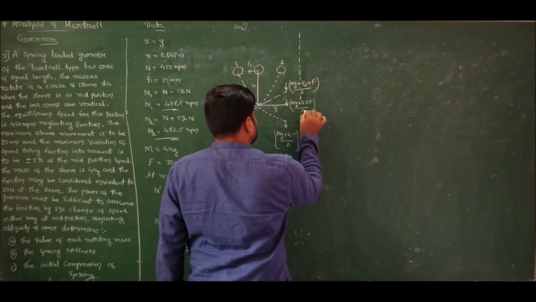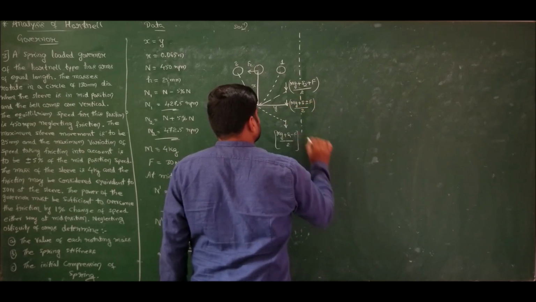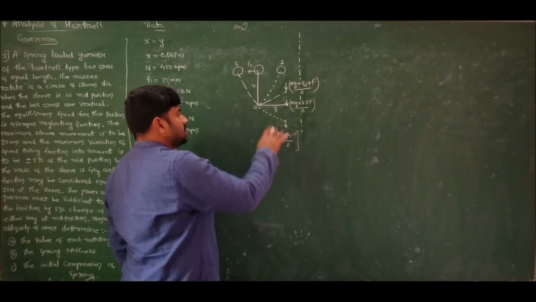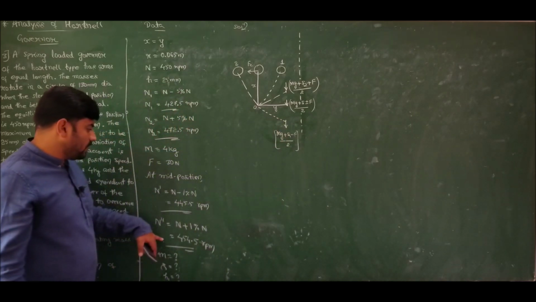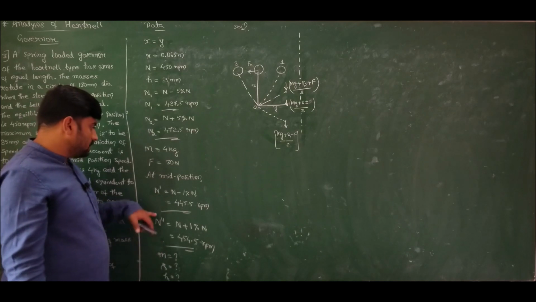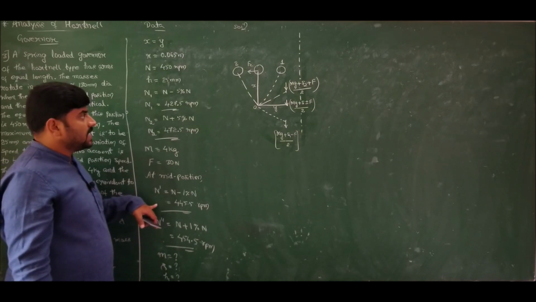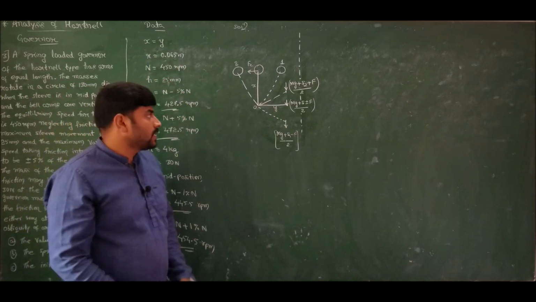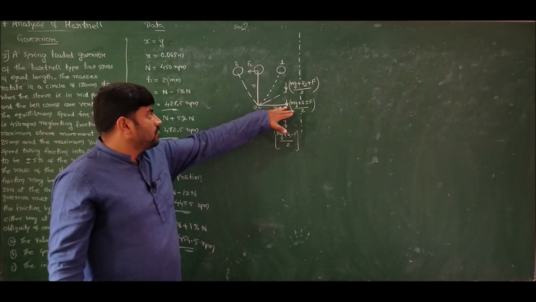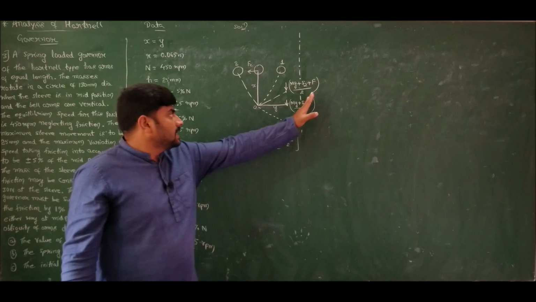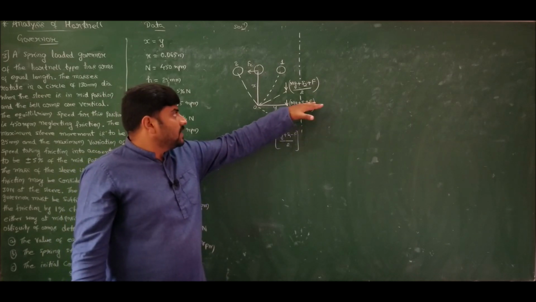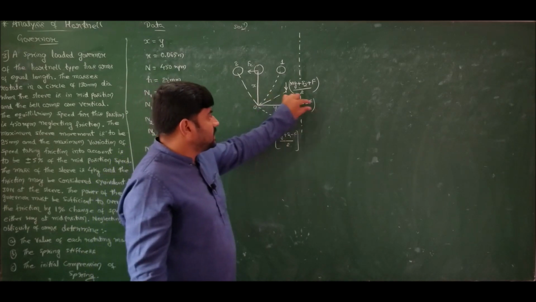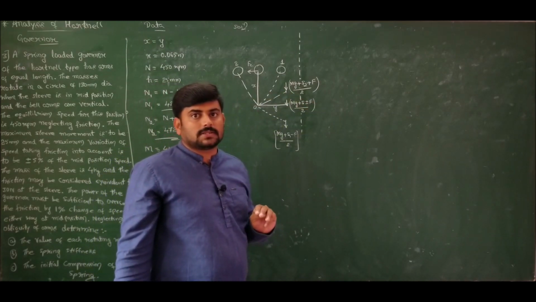Correct? mg plus s plus or minus f by 2. When I take plus f, the speed is 454. When I take minus f, the speed is 445.5. When I take f as 0, the speed is 450. So at the mean position itself, we have three speeds. Neglecting friction, accelerating friction minimum speed, accelerating friction maximum speed. At the mean position itself, we have specified three speeds for us.